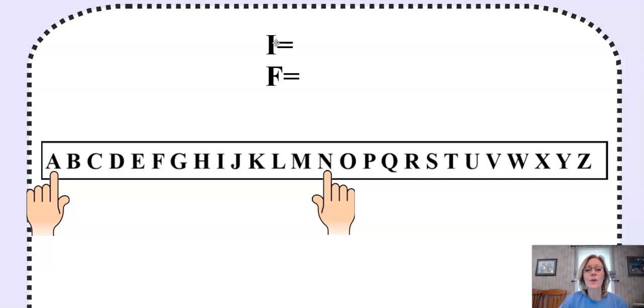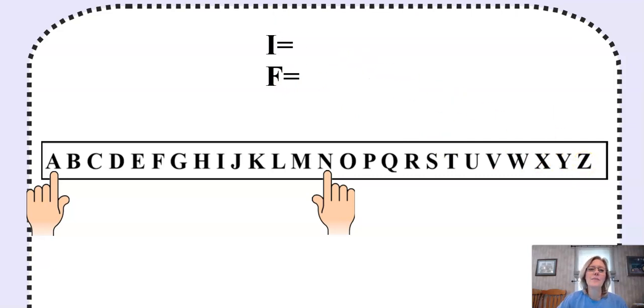And so if we are talking about the initial letter of the alphabet, what would that be? Of course, it would be A right here. What does F represent when we talk about it in our lessons? F represents final, which means last. And what is the final letter of our alphabet? Let's look over here. Z is the final letter.